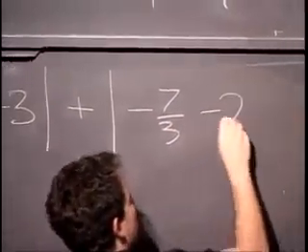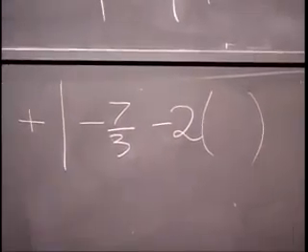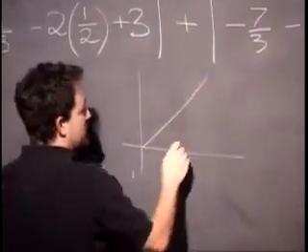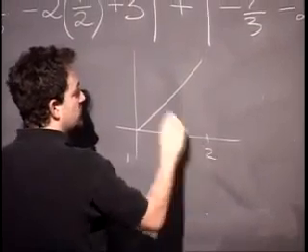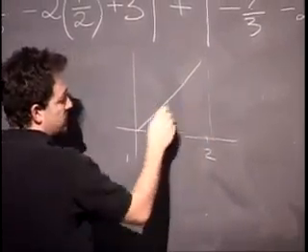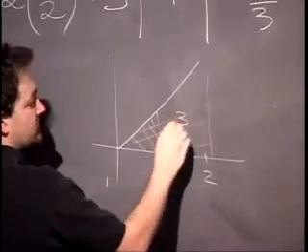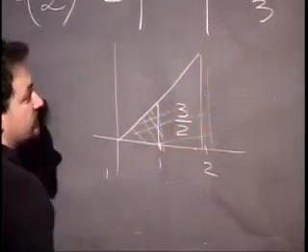Then I have to subtract 2 times the integral of x. I never actually worked that out, but it's easy enough to do. x looks like that. I've got to go from 1 to 2. So it's this 2-unit triangle here minus this half unit. So that's 3 halves in here.